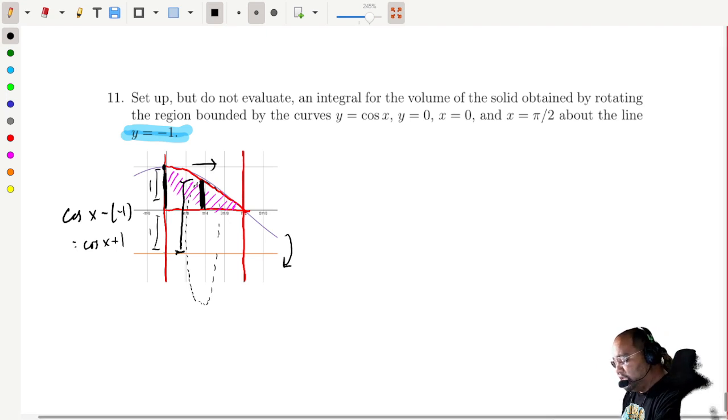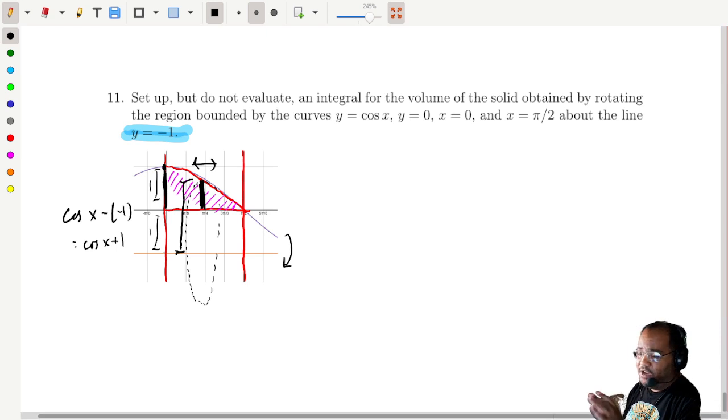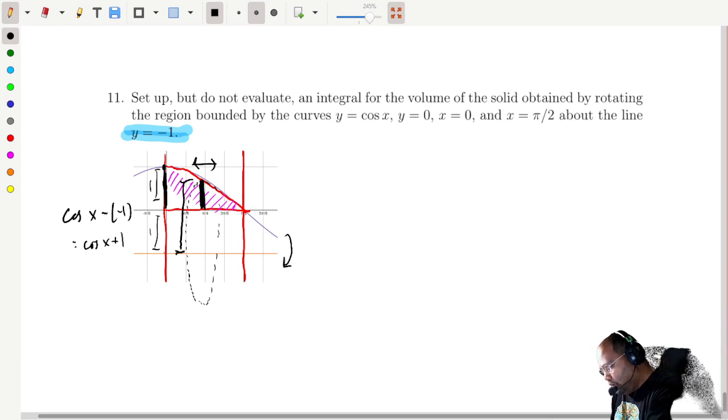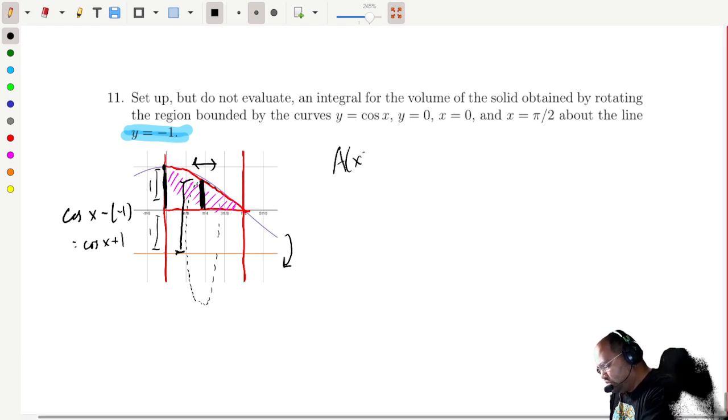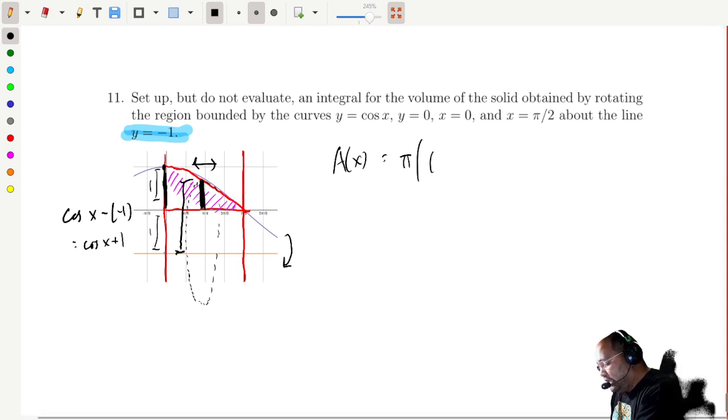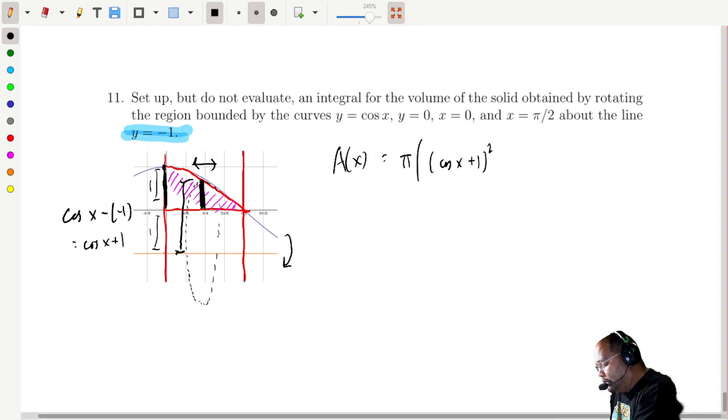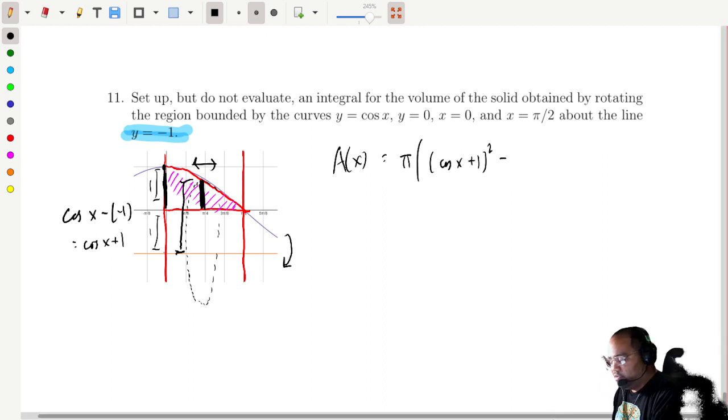But note again that this black strip will vary. It'll go from left to right, so that height changes. So what's our area function here? Let's write that down. Pi times the outside squared, cosine of x plus 1, minus the inside squared.